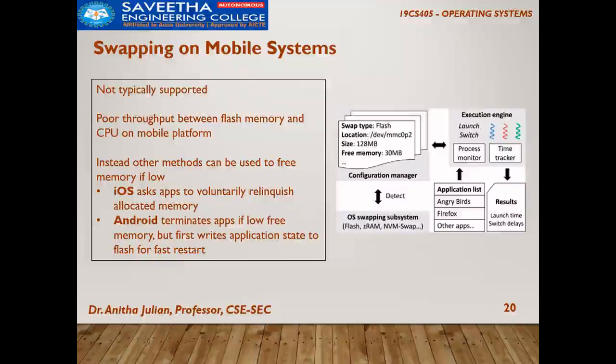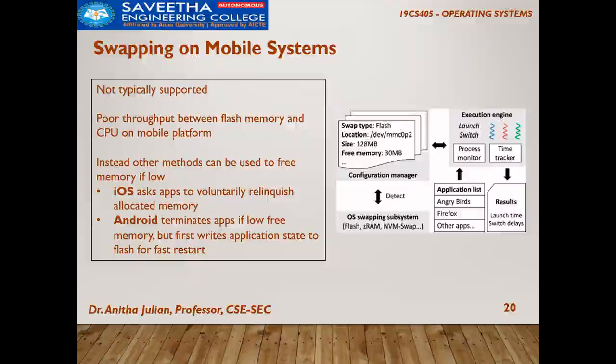Instead, they use other methods to free the memory. iOS asks apps to voluntarily relinquish allocated memory, and Android will terminate apps if free memory is low. These features are built into the operating systems. iOS and Android are mobile operating systems. They include features for swapping, but in a different manner.